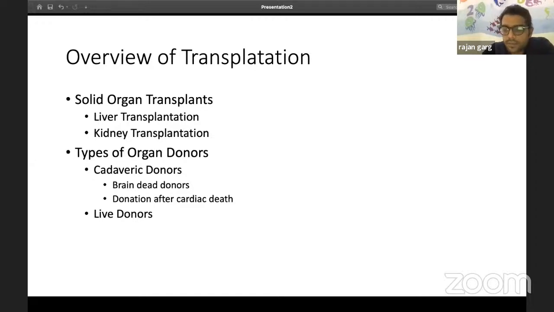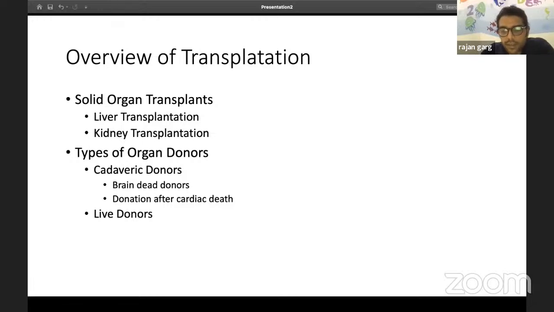And for the kidney transplant recipients, the donors are usually their parents, and they usually donate one kidney. If both of the donor's kidneys are functioning well, you can easily donate one kidney to any of the recipients. Kidney donors are also safe. Kidney donation can be done either laparoscopically or open.